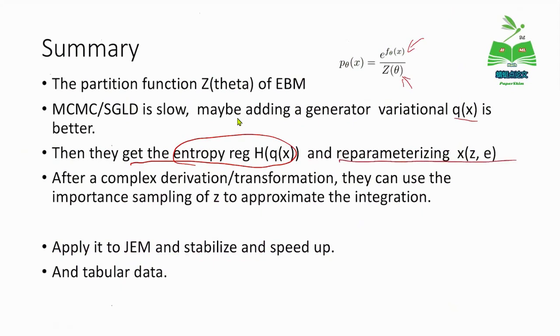And after a complex derivation, they can use importance sampling of z to approximate the integration. Then they apply their method, the VERA, to JEM and stabilize the training, and also improve the speed. They can also get better results on the tabular data, and they also have some other experiments.